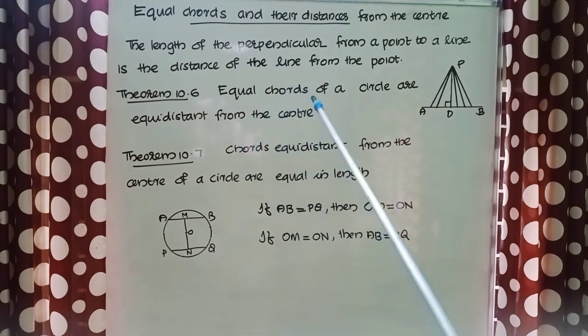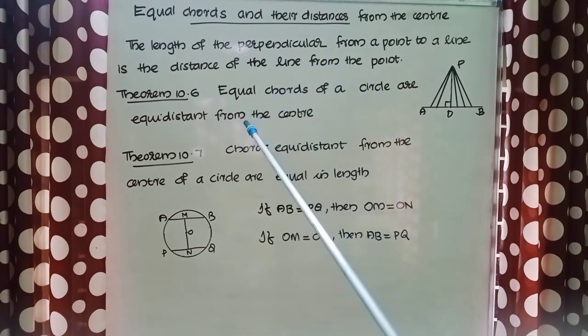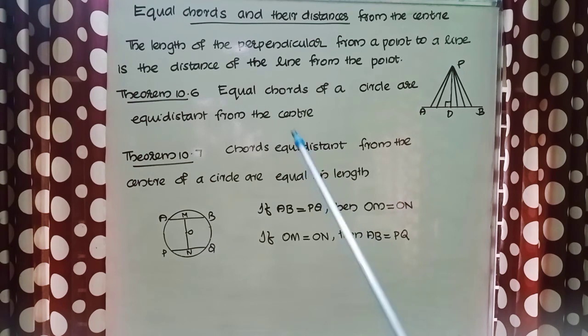Theorem: equal chords of a circle are equidistant from the center. Next theorem: chords equidistant from the center of a circle are equal in length. You see, I have drawn here a circle and 2 chords AB and PQ. OM is the distance from the center to the chord AB. ON is the distance from the center to the chord PQ.